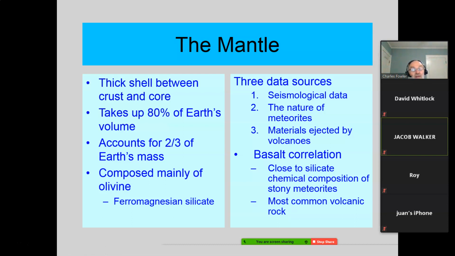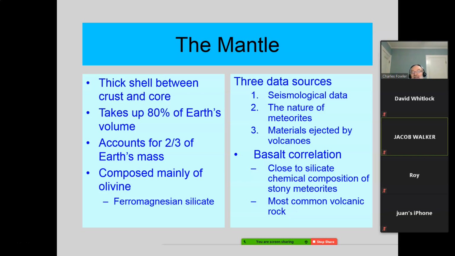It's huge. However, 80% of the Earth's volume, but only two-thirds of the Earth's mass. The mass of the mantle is about 67% of the Earth's mass. So it's 80% of the volume, but 67% of the mass.